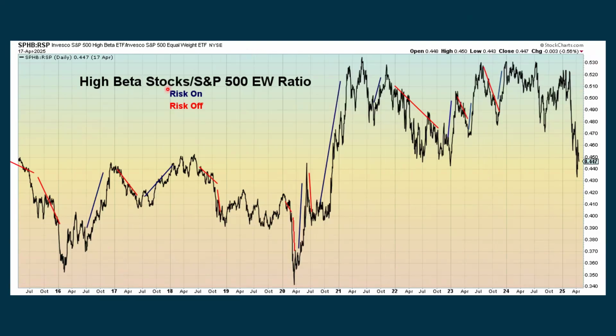This is a risk on to risk off ratio. We look at high beta stocks, which are the stocks that everybody wants to own when we're really going up. Apple, Microsoft, Netflix, Google, Nvidia. And that really shows that this ratio is going up when those stocks are outperforming. Unfortunately, when we're going down, they go down faster than the rest of the market. And we see this ratio really coming down when we compare it to the equal weight version of the S&P.